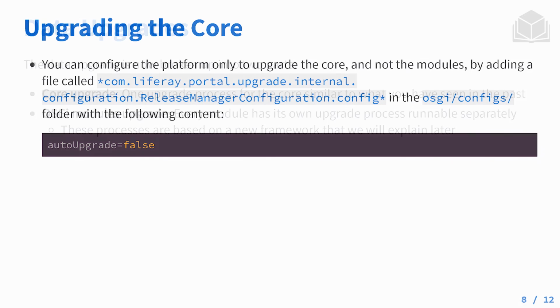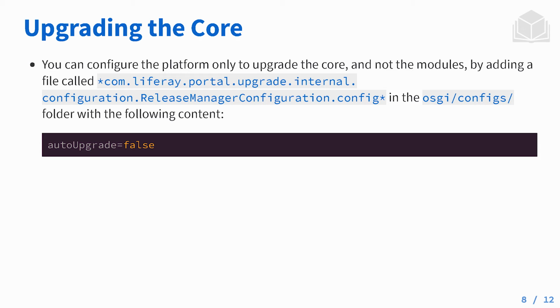There's the documentation. You'll create one of the OSGi config files with a very simple content. The file name is listed here, and the content is auto upgrade equals false. This is what the release manager configuration takes, and it will make sure that you only upgrade the core and not the modules. Now, why would you want to do that?